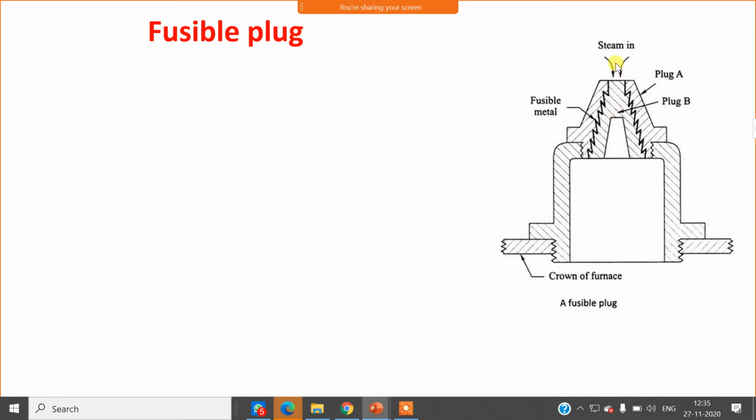At very high temperature, the fusible metal melts and drops in the furnace, and it creates an opening for water to enter. Steam pushes the water inside the furnace, and in the furnace the fire extinguishes. The fire stops, so the combustion stops and the formation of steam stops.